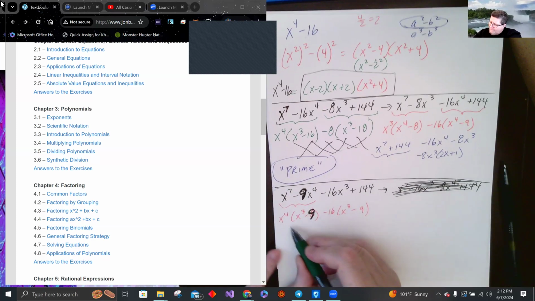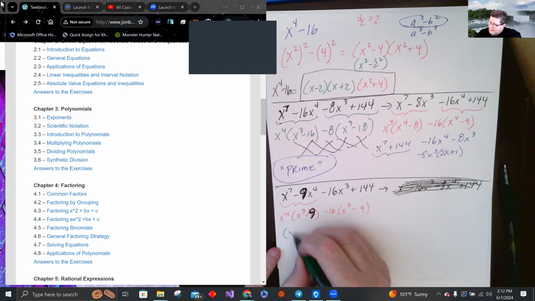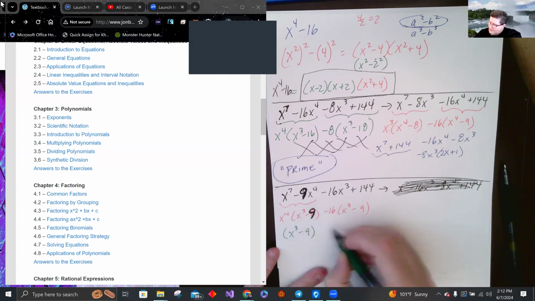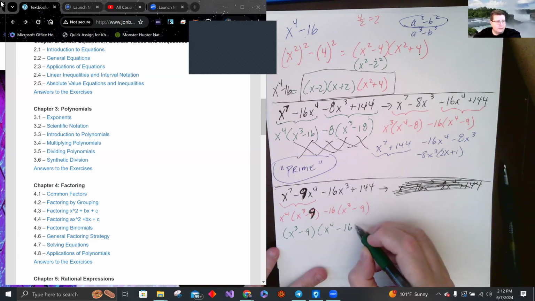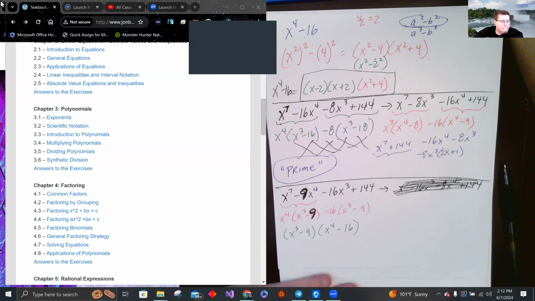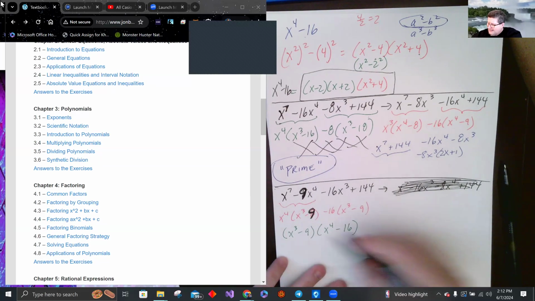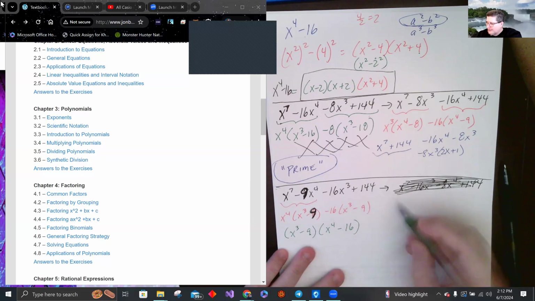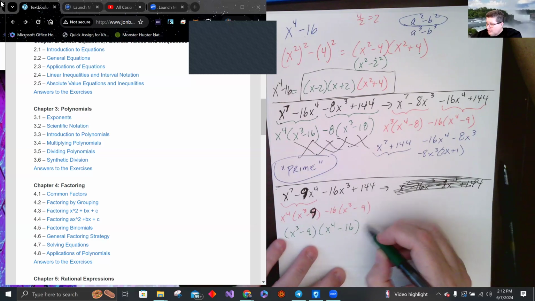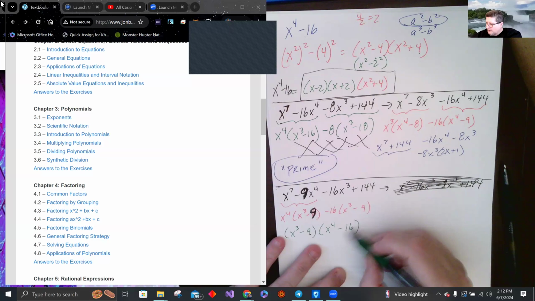So now I can factor out x cubed minus 9, and I have x to the 4th minus 16. This is not a cube, so it's not going to factor further. But this is a square.